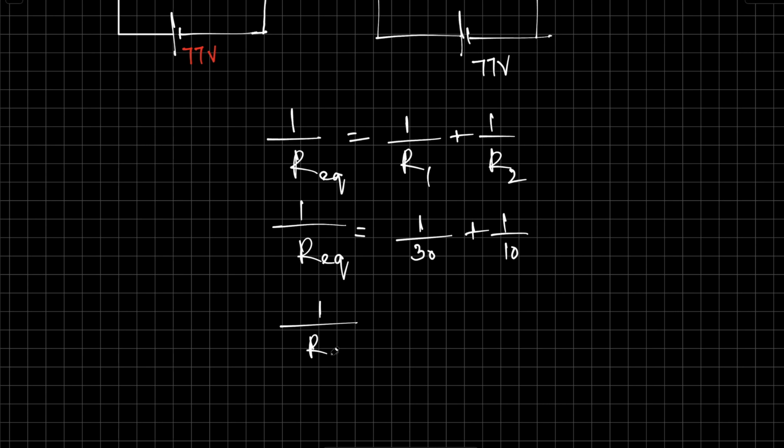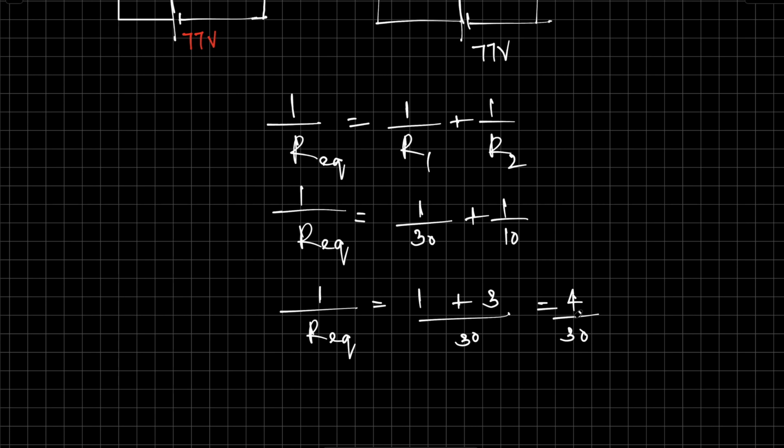Solve it. You can use the calculator. 4 by 30. 1 over Req is equal to 4 over 30.